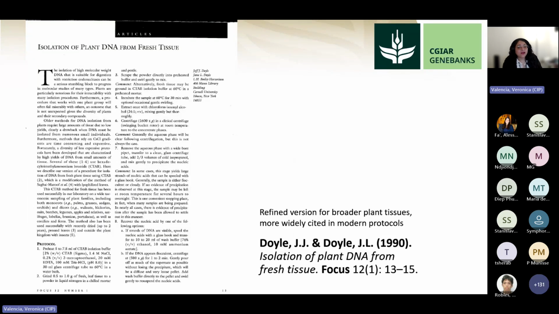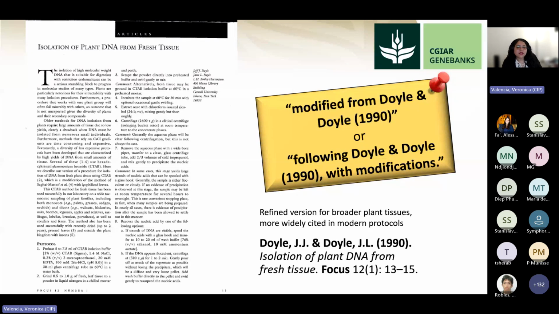But the canonical protocol is this protocol from 1990, isolation of plant DNA from fresh tissue. That is a refined version for broader plant tissues and more widely cited in modern protocols. And this is the one they are referring to when in your article you read modified from Doyle and Doyle, or following Doyle with modification. So even when we report DNA extractions, we say modified from Doyle and Doyle, and you probably would do the same. So it would be worth reading.